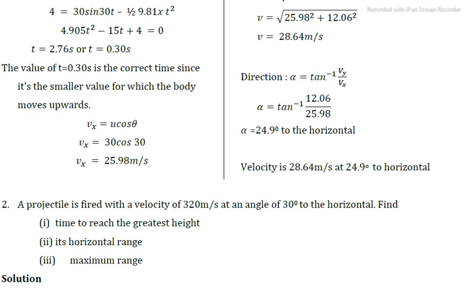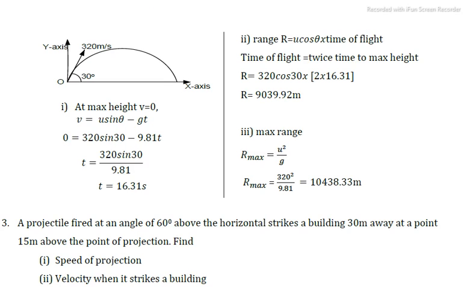So from the question, we are given the initial velocity and the angle. So we are supposed to depend on these two to find what we are required to find. So for us to get the maximum height, remember at maximum height, the final velocity v equals 0.